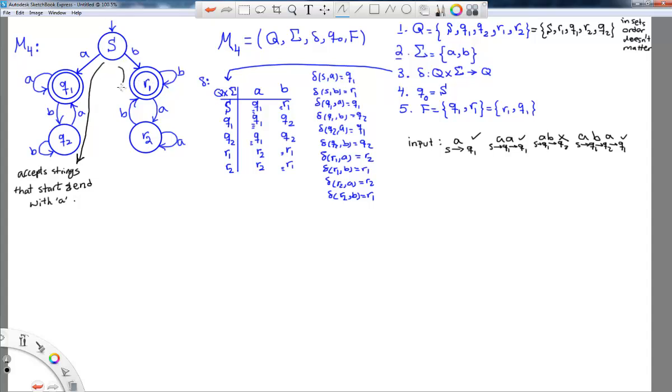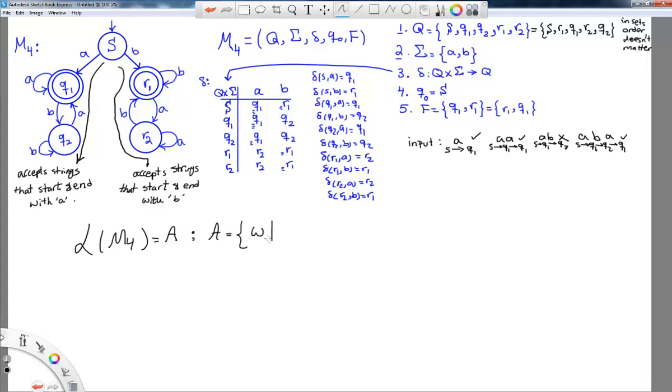So this arc of your machine accepts strings that start and end with B.